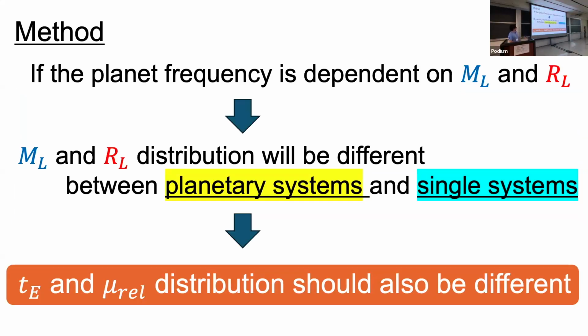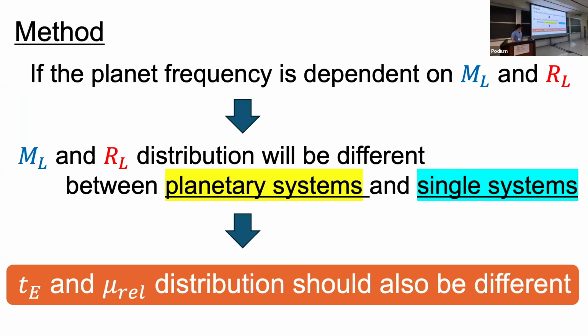Okay, the principle of this method is very simple. If the planet frequency is dependent on ML and RL, that is, if the small m and small r values are not zero, the ML and RL distribution will be different between the planetary system and a single system.